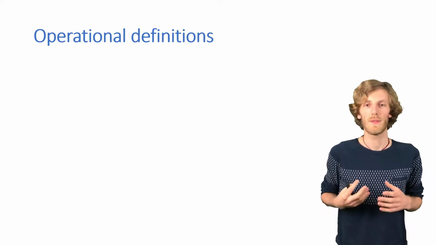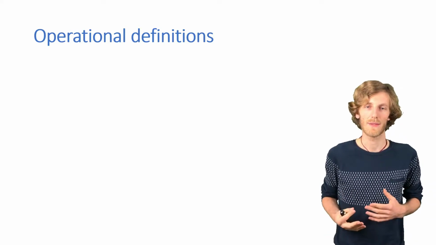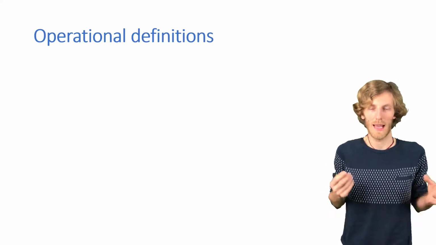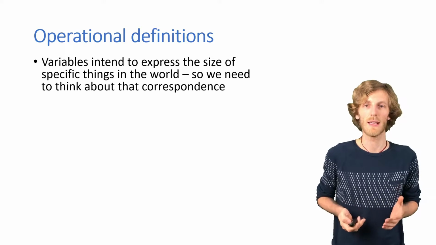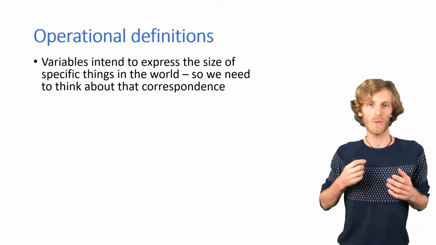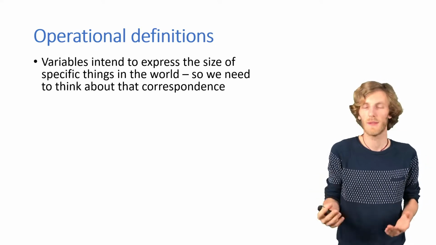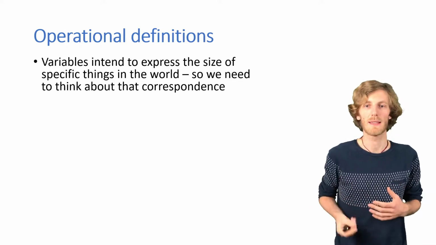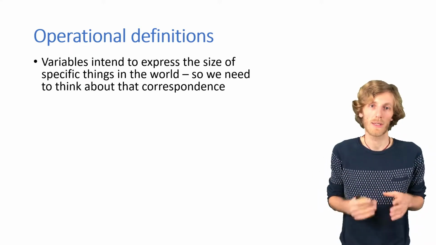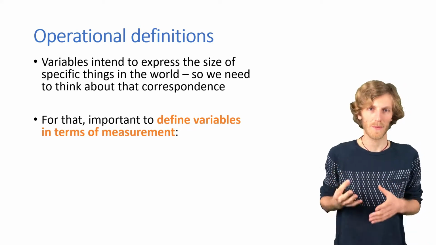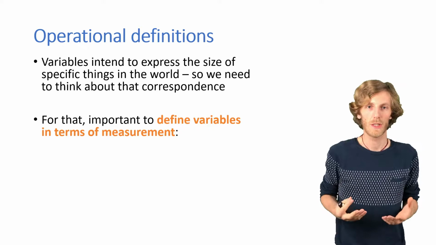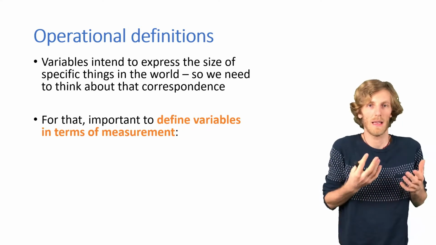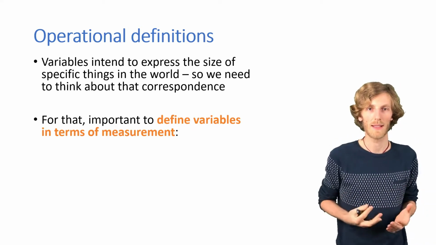The other really important thing for variables is to think about operational definitions, because with any variable, we're trying to capture something that's out there in the world. That's the point. So we think there is some attribute in the world and we want to express its size. So we need to think about the correspondence between our numbers and these attributes. And the way we do that is by actually defining how we measure variables and defining it quite specifically.